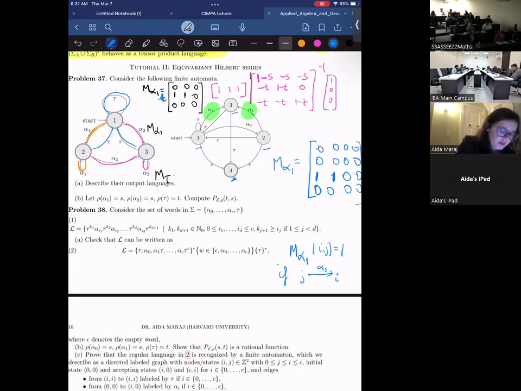So maybe one computes what is M of tau. M of tau in that case is going to be what?